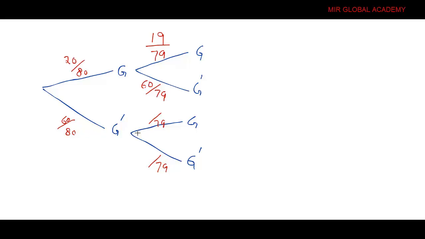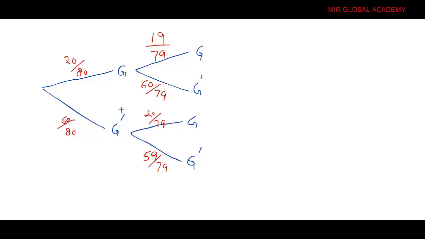And here, if you pick the first parcel from not in that group, we still have 20 in that group. And obviously it will be 59, because we have already picked one from G complement. There were 60 before, now we have 59.